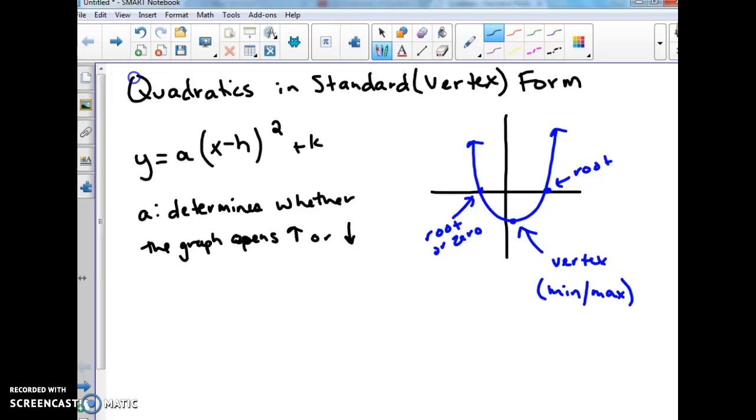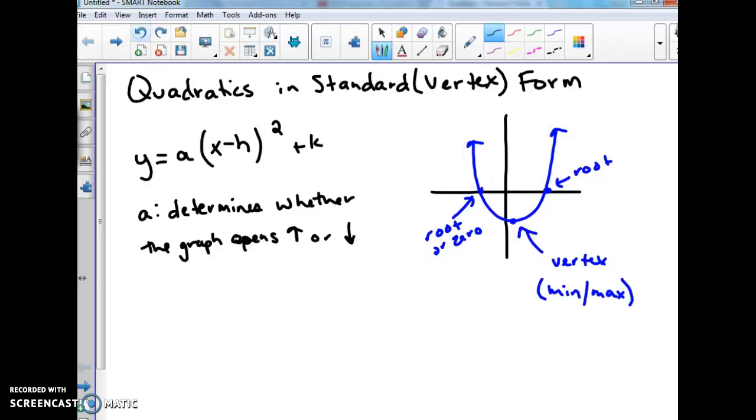The a value also determines how close together your two lines are. So this right here and this could move closer together or further apart. It just depends on what your a value is.